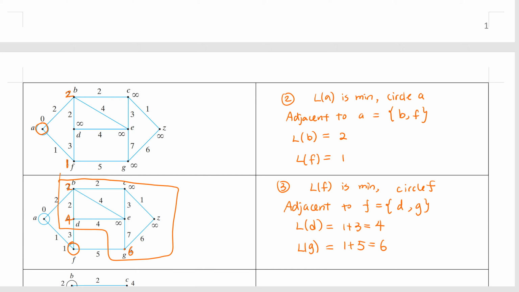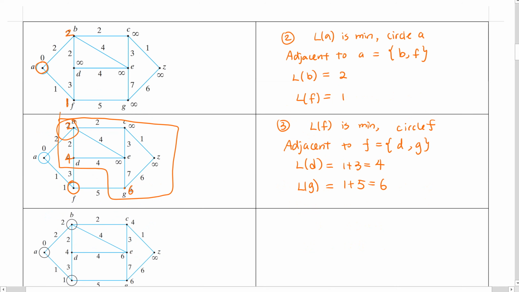Now we compare the vertices with temporary labels. Which one is the smallest? No, you're not just comparing 4 and 6. You're comparing B as well. The label of B is 2, so that's why this is the minimum. So that's why we need to circle it.